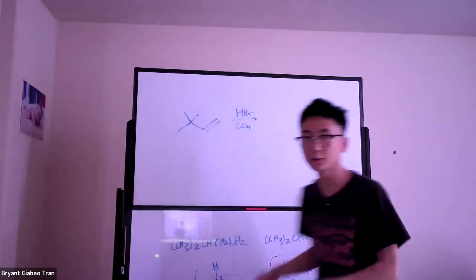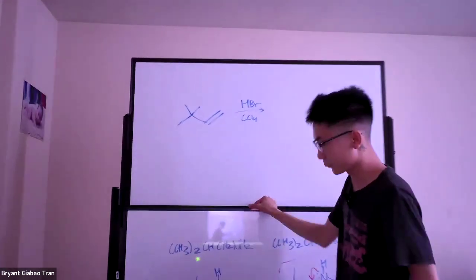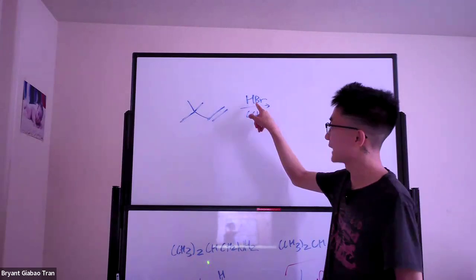We have an alkene with an HX here. Think of the alkene as a very strong base, strong nucleophile here, right? In this case, it's going to act as the base, and this is going to be the acid here.